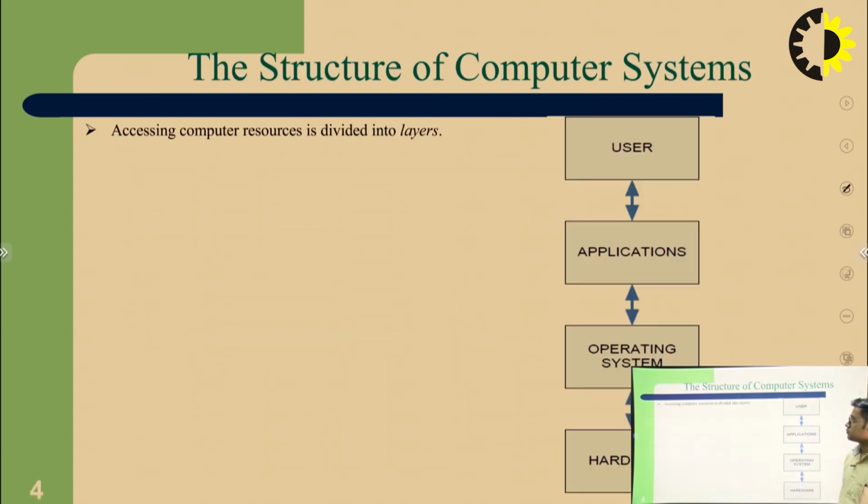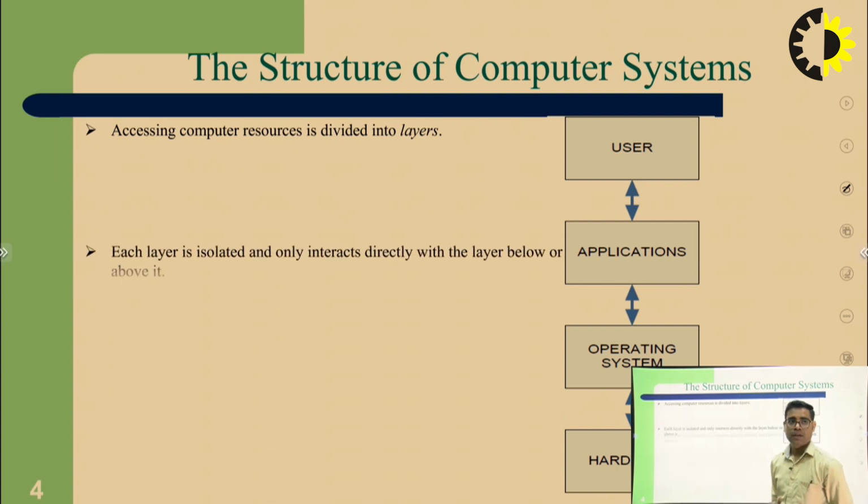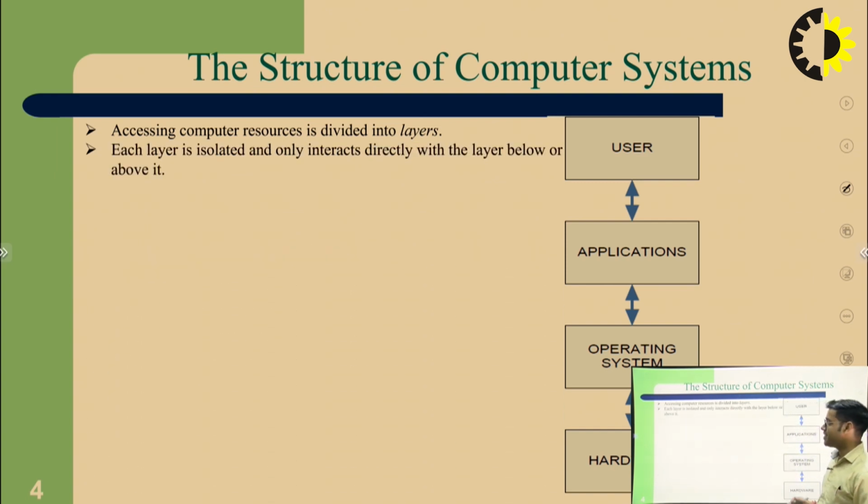Now the next topic is the structure of computer system. If I'm talking about the structure of an operating system, we divide different resources in different layers. As you can see here, each layer is isolated and only interacts directly with the layer below or above it.